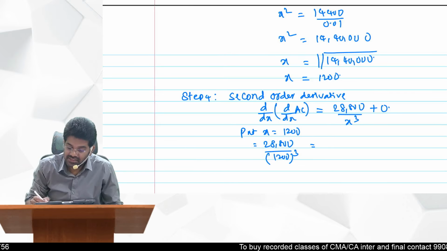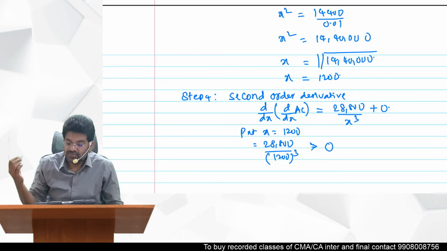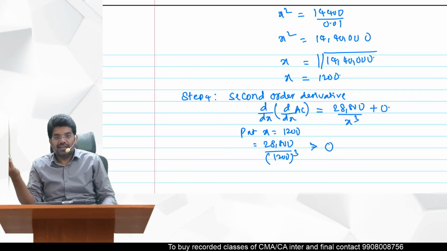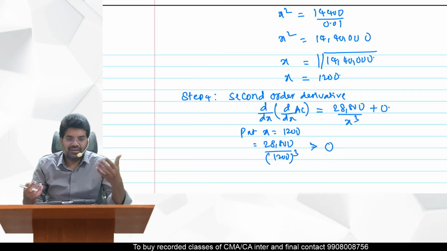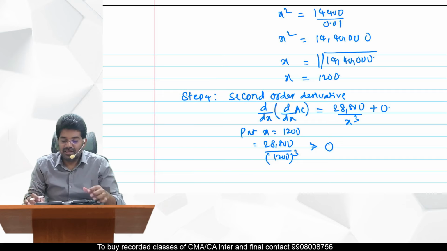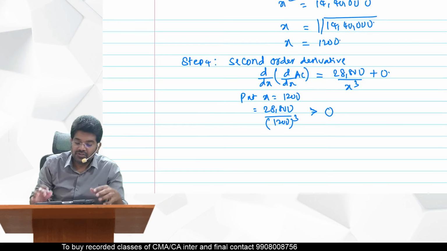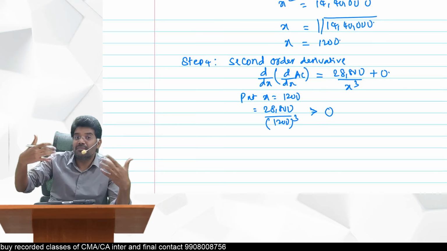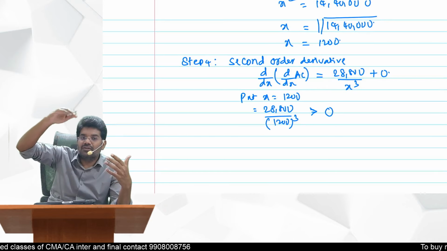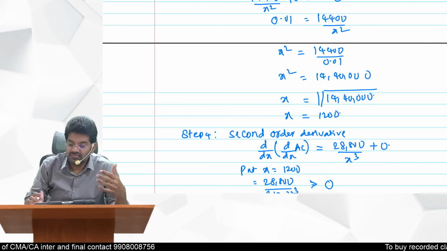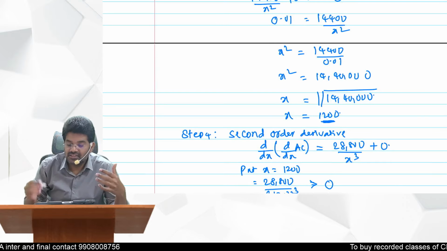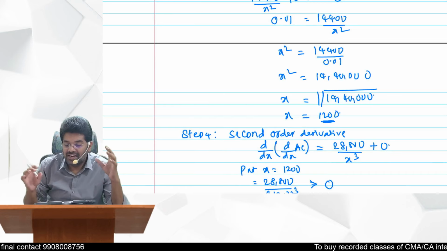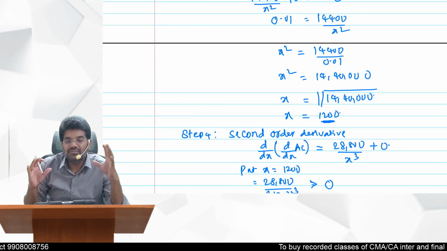Instead of calculating that again, since it is greater than 0, we have achieved a minimum. So 1200 will give you minimum cost.